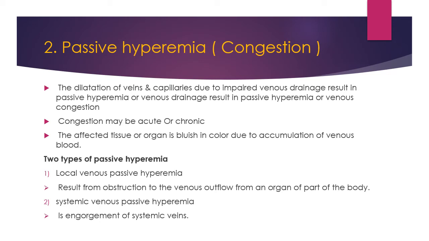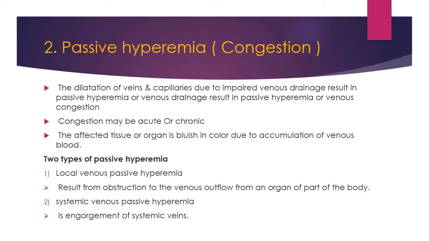So in passive hyperemia, blood accumulates in the veins, with dilation of veins and capillaries due to impaired venous drainage. There are two types of passive hyperemia. The first one is local venous congestion, also known as local or venous passive hyperemia.